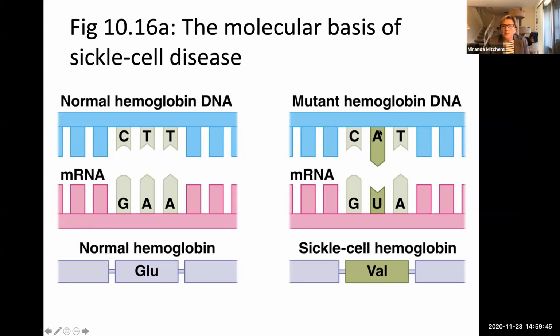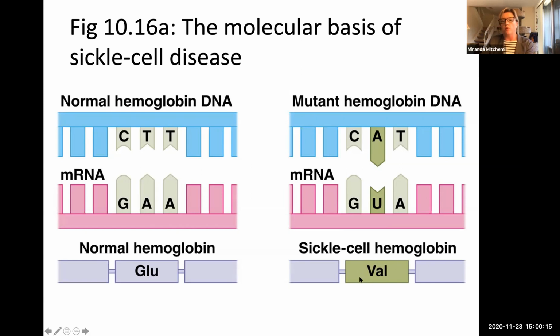Just one base pair mutation in the DNA produces the variation known as sickle cell hemoglobin, which is associated with sickle cell disease. It's just one substitution. Instead of it being a T in the DNA, it's now an A, but that creates a U in position 2 of the codon, and it's no longer glutamine.